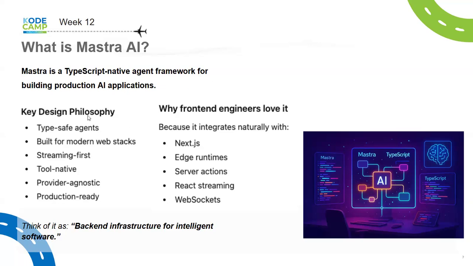So the key design philosophy, yes, some of the things I was talking about: type safe agents. If you're writing with Python, you may not be able to write type safety into it because Python is not necessarily type safe. Yes, there are type hints, but Python does not enforce the typing. Even though you could also arguably say that in TypeScript, JavaScript doesn't enforce the type hints.